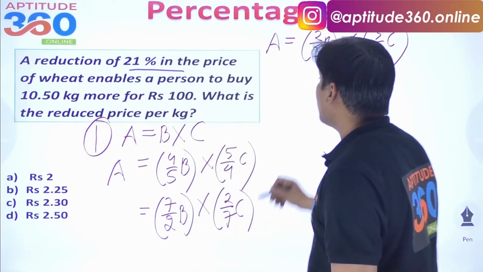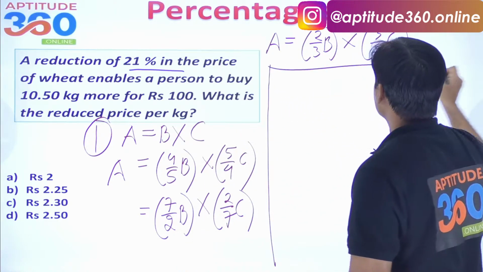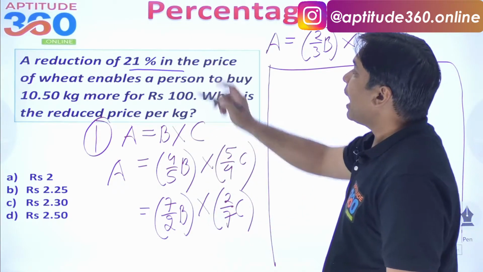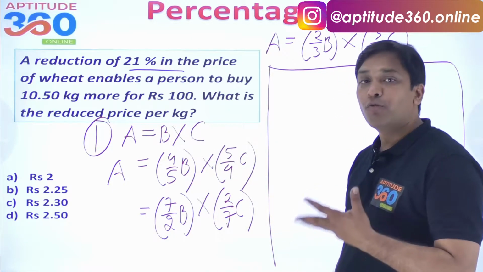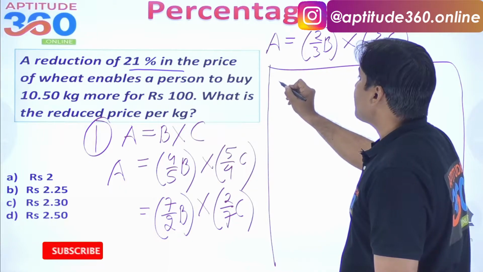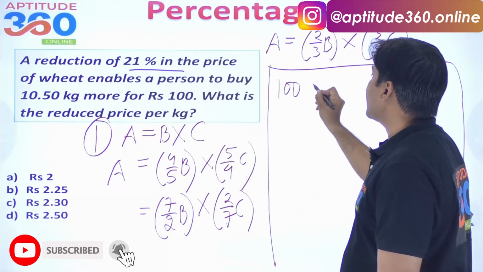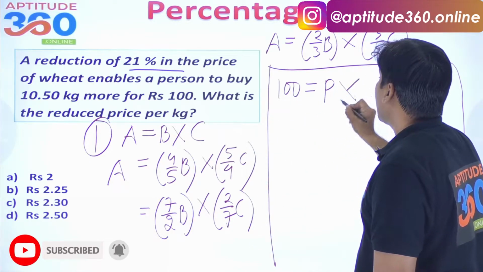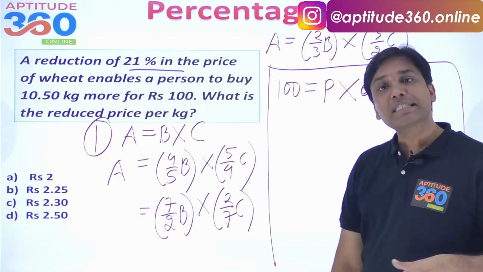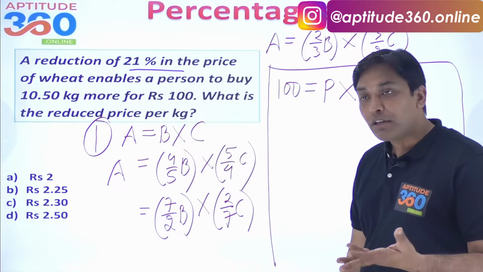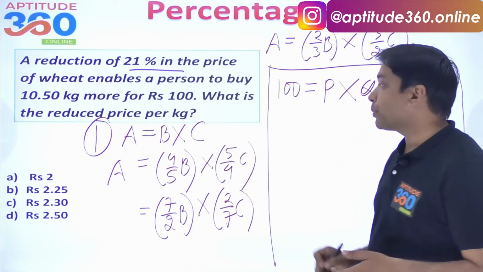Now let's move ahead and try to solve this problem. What does this problem say? A reduction of 21% in the price of wheat. So I say that okay, somebody is spending 100 rupees, and in 100 rupees we have got price into quantity. Price is in rupees per kilogram and quantity is in kilogram.